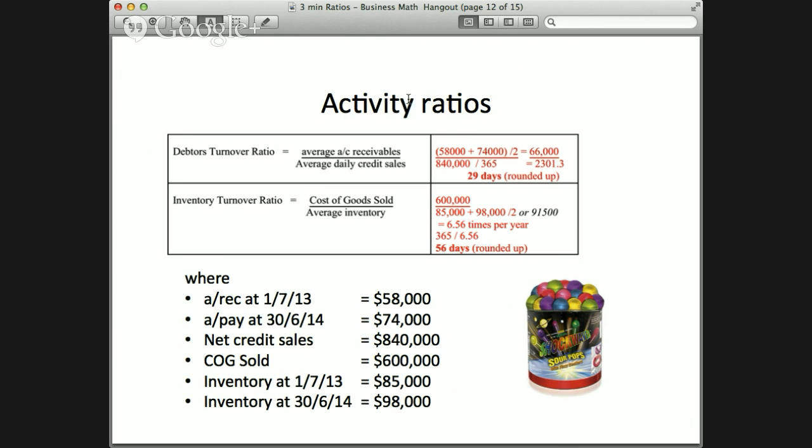Now, the debtors turnover ratio monitors the ability of your business to collect money owed from your debtors. Your debtors are people who owe you money, yeah? This ratio indicates whether you might have a good collection policy in place.